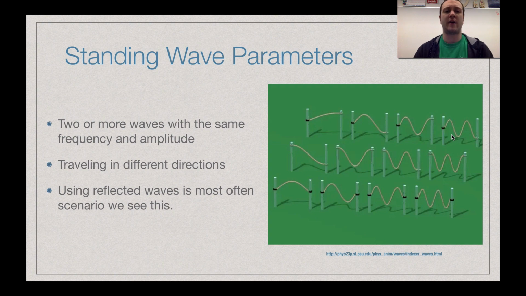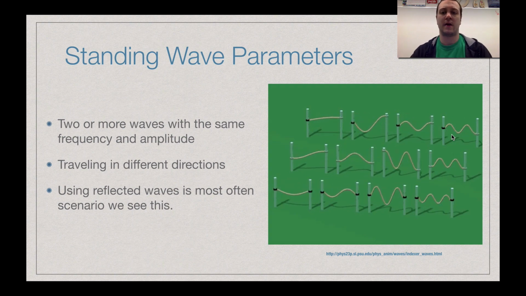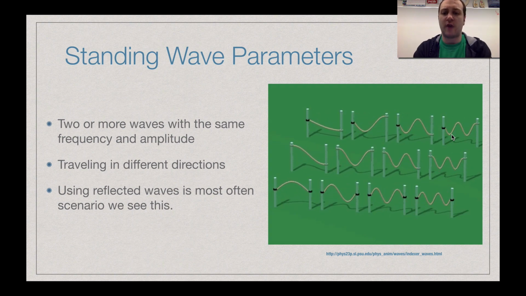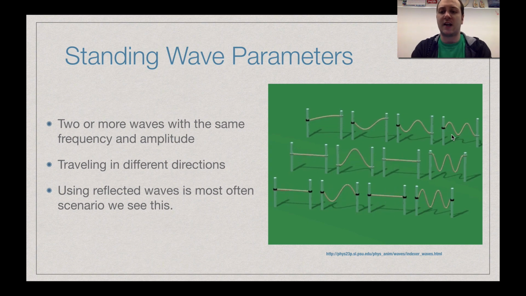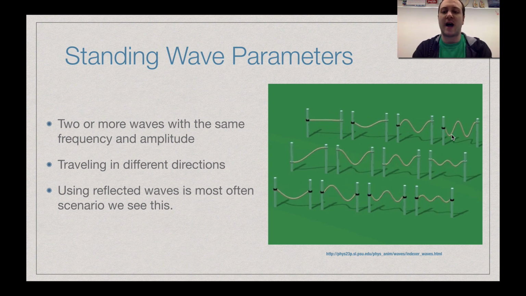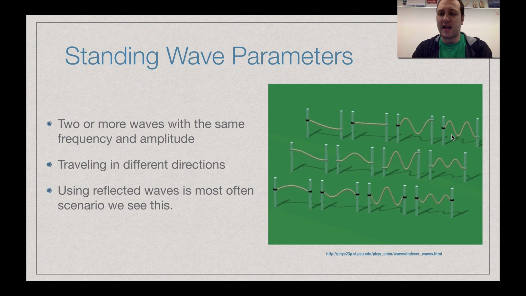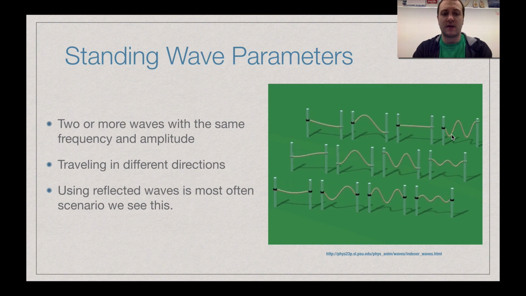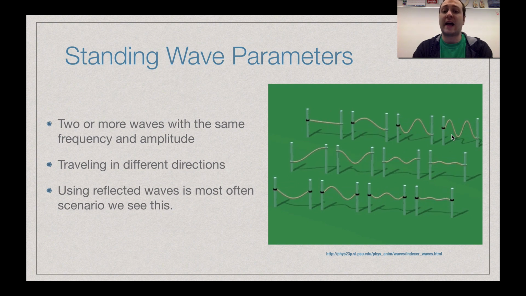Now, in order to generate a standing wave pattern, what we see in the simulation to the right are a lot of different standing wave possibilities based on frequencies, fixed ends, and free ends. You need to have 2 or more waves that are at the same frequency and the same amplitude in order for the standing wave to actually be generated.